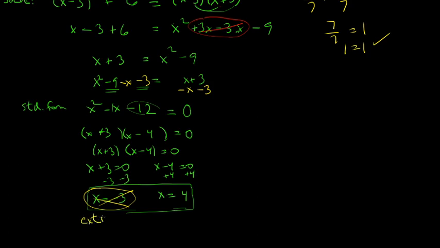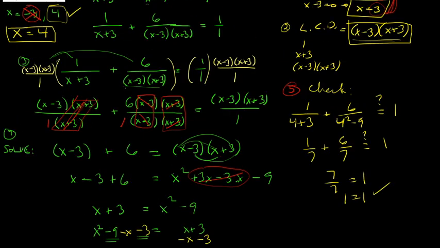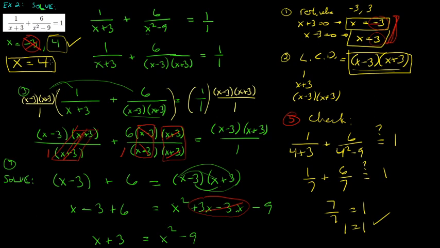In math, we call this an extraneous solution. It's not really a solution. It's like a phantom solution. It's not really there. Okay? So either way, extraneous solution, phantom solution, it's not a solution. The only actual solution is x equals positive 4. So I hope that helps.